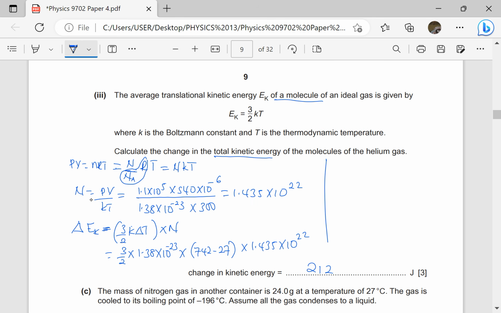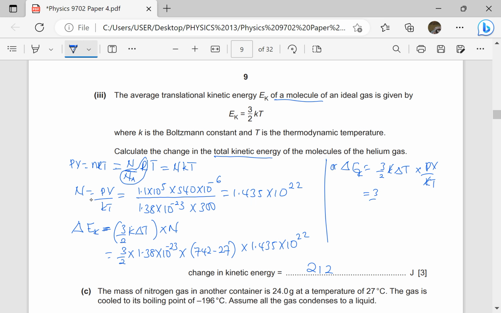Alternatively, somebody would just say, okay, the change in kinetic energy is equal to 3 over 2 K delta T. Instead of multiplying by the number of molecules, somebody will just use PV over KT. So this will be times PV over KT, and the K cancels. So this person will now just substitute into this expression. This is another alternative.